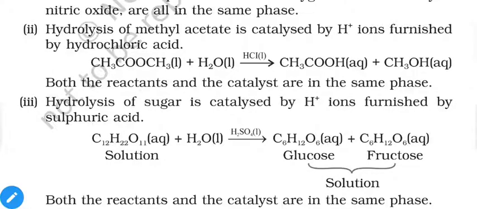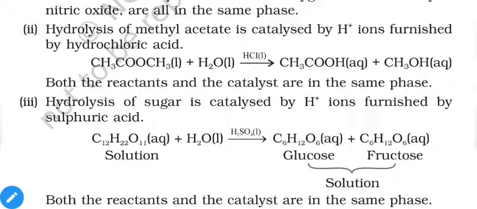Now next is hydrolysis of sugar, catalyzed by H plus ion furnished by sulfuric acid. So here we have a solution of sugar, C12H22O11. It is a sugar molecule containing one fructose and one glucose molecule, and it is also known as sucrose. With H2O, it reacts and gives glucose and fructose in solution form.